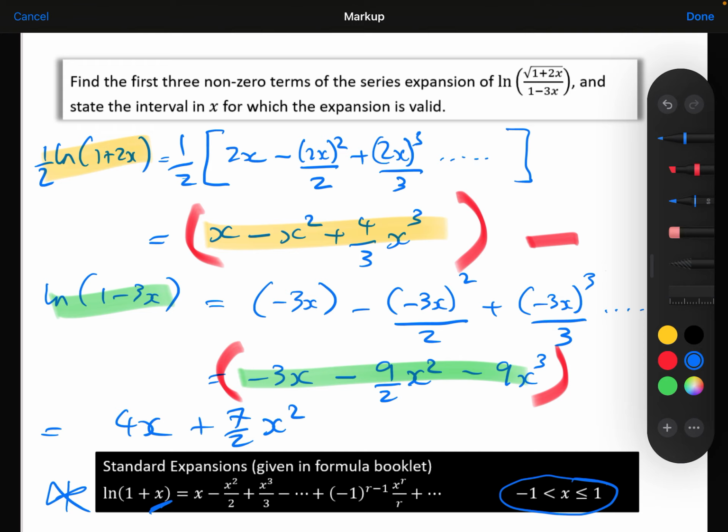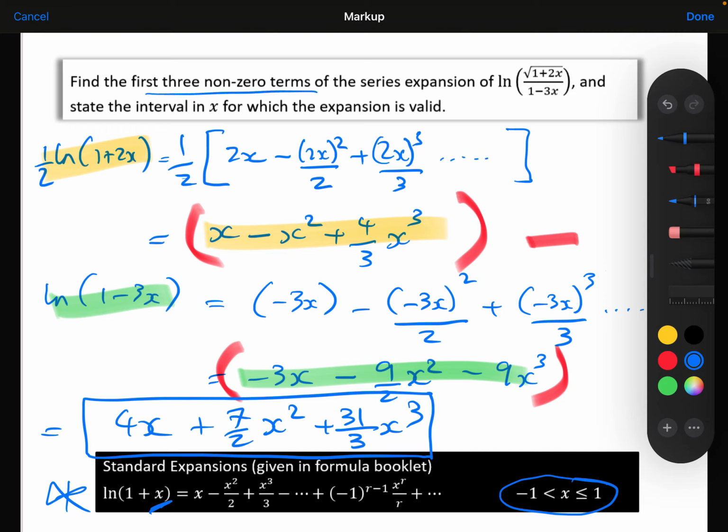And then finally, the 4 over 3x cubed minus 9x cubed is going to give plus 31 over 3x cubed. And there we are. We have the first three non-zero terms of this expansion. Part A done.